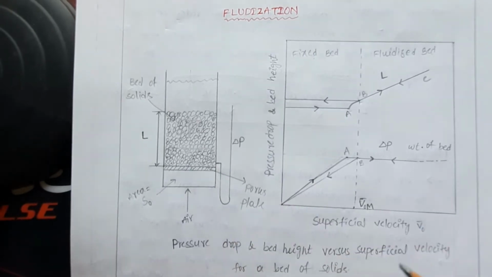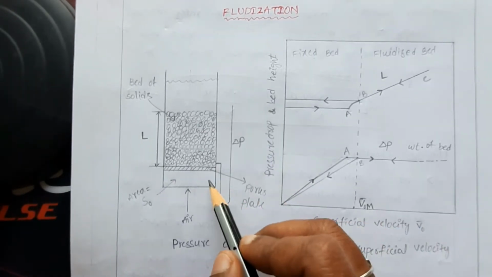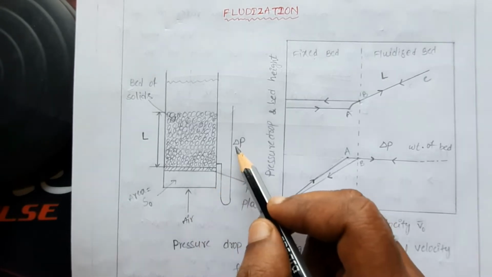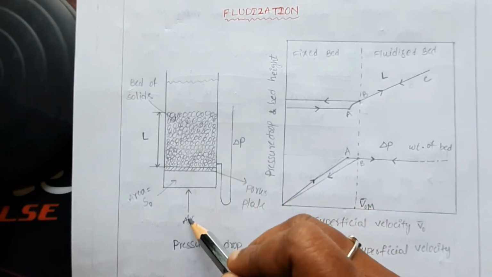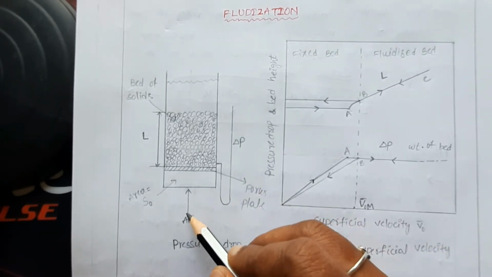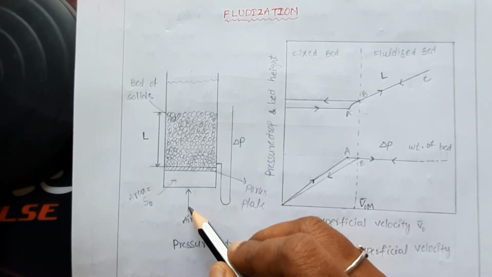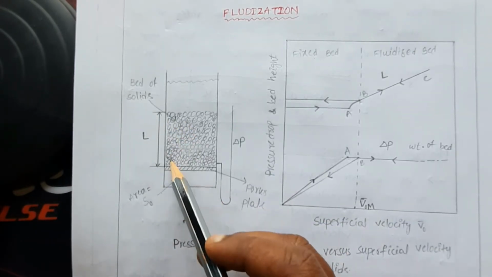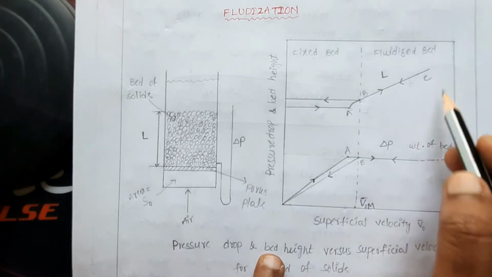We will discuss that whenever that problem concept comes. So the pressure drop is directly proportional to the airflow. What happens if you increase the velocity of the air, how do the pressure drop and bed height vary? This is given by this relation.